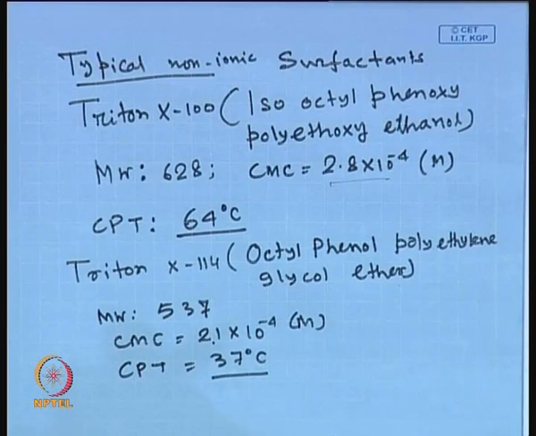So, if you would like to carry out cloud point extraction using Triton X100, you have to go for a higher temperature. That means your solution temperature must be around 64 degrees centigrade. So, you must spend much thermal energy to achieve that separation, because your operating temperature must be around 70 or 80 degrees centigrade, so that it goes beyond the cloud point temperature.